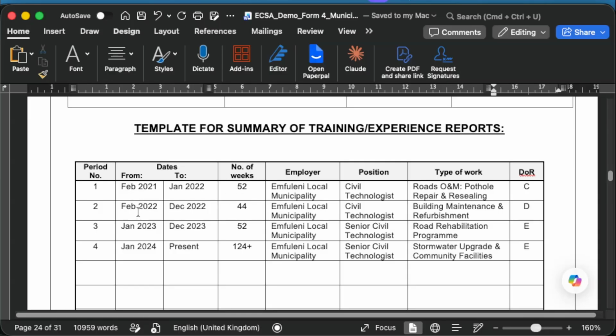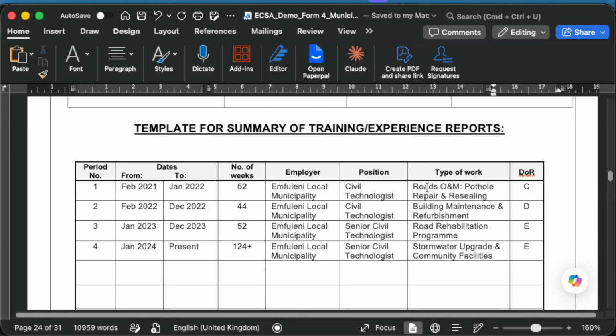For example, this applicant has been working for 5 years. Period one indicates that from February 2021 to January 2022, they were working as a civil technologist, and their role was to focus on operation and maintenance of roads.